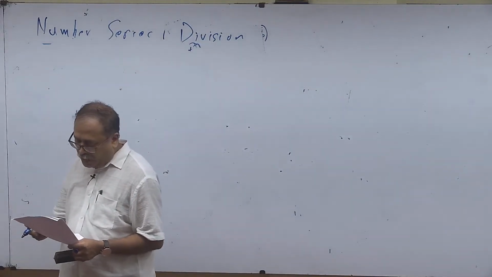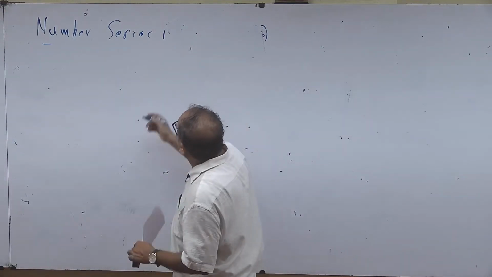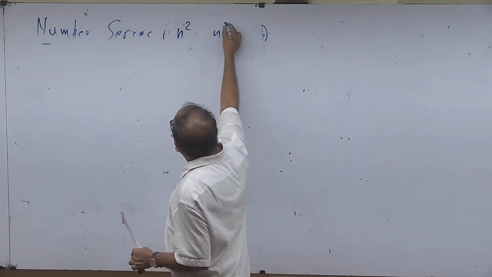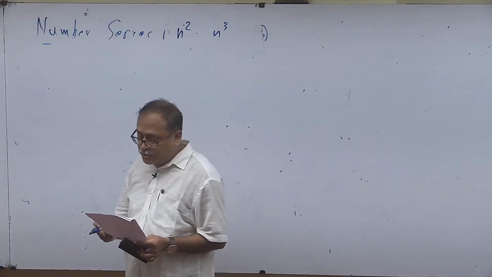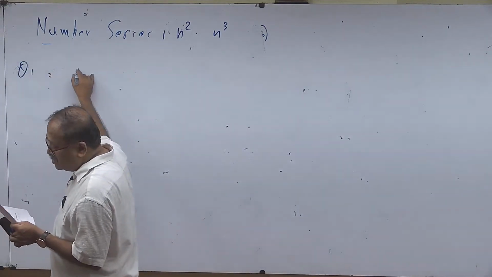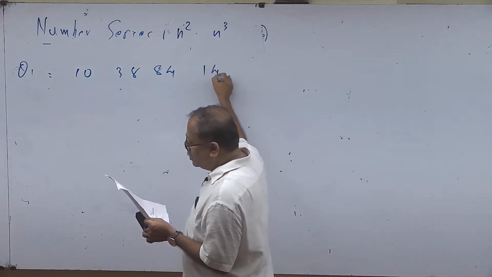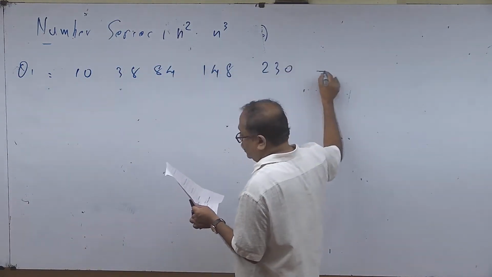Square and cube based questions, n square, n cube based questions. So let's take example 1 in this: 10, 38, 84, 148, 230 and dash.